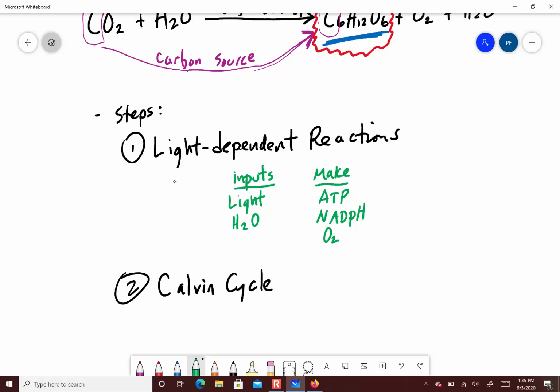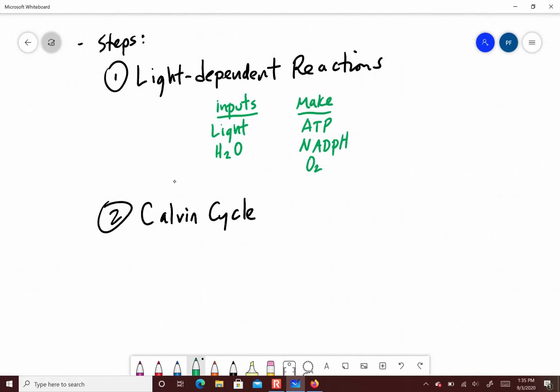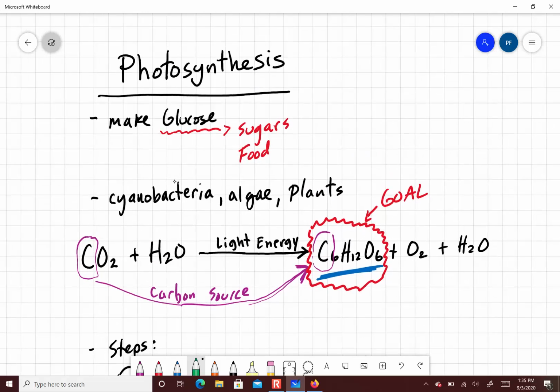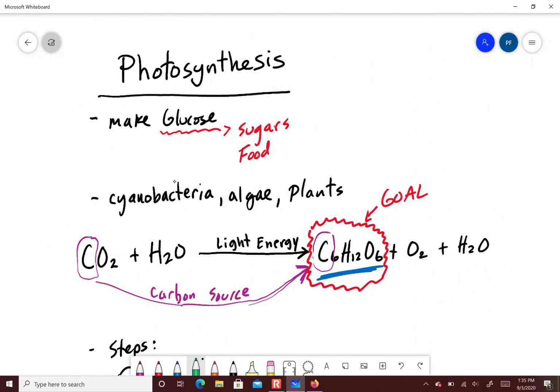Right, so a couple things with these before we move to the Calvin cycle. One is on the make list you see ATP, and for whatever reason students can see that and think photosynthesis is to make ATP. Well, we've done it a million times, right? What's photosynthesis for? To make glucose. In our summary reaction, here's our goal, glucose, not ATP.